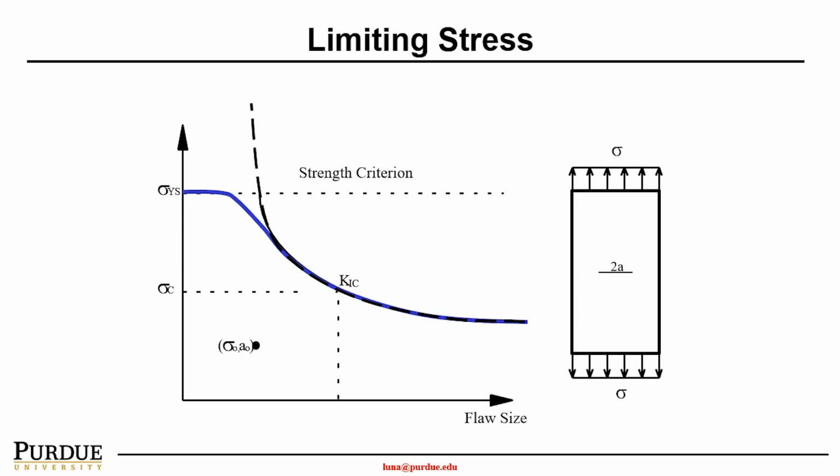By using the fracture mechanics flaw-tolerant design approach, the critical stress, which is the allowable stress applied on the material, is typically way smaller than the yield stress. If I look at a strength criterion, the allowed design stress may be way higher than the stress you are actually allowed to apply when the material has existing defects.